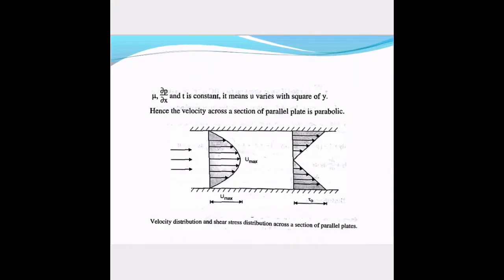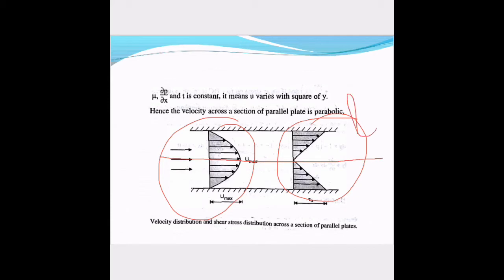Yes, this diagram. I think I have discussed the velocity distribution diagram already, isn't it? So this is the velocity distribution diagram and this is the shear stress distribution diagram between the two parallel plates.